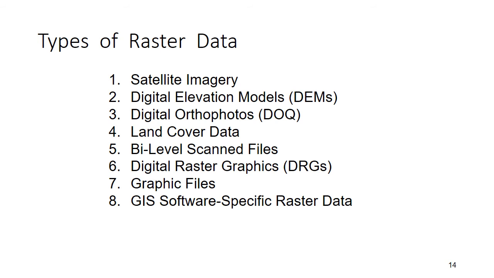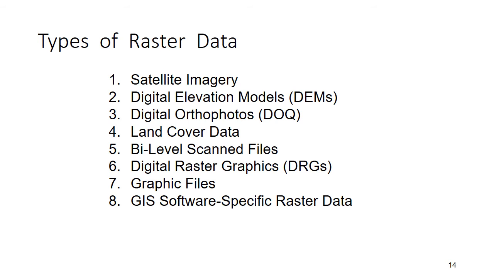Bi-level scanned files are the same type of land cover data, but this is a scanned document, which we do all the time in our university. It's the same thing, only maybe the GIS system will not be able to work on it, or negotiate with it, because it is passive. But if we develop its attribute table, then the GIS system can talk to it and negotiate with it.